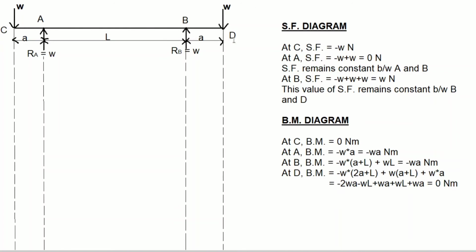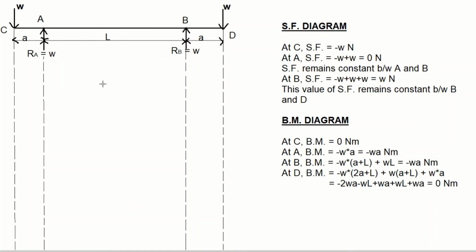So, at the points C and D, we have bending moment equal to 0. And at A and at B, we have bending moment equal to minus WA Newton meter.